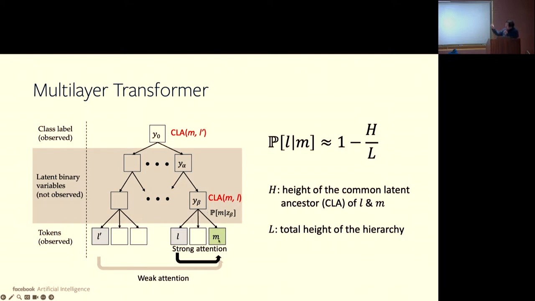If you use the same theorem for L prime and M, they are very far from each other, and the height of their common latent ancestor is almost L, which is the total height of the hierarchy. Then this probability will almost become 0. So first of all, you have this assumption, these interesting properties of hierarchical generative models. Note that this property has nothing to do with transformers.